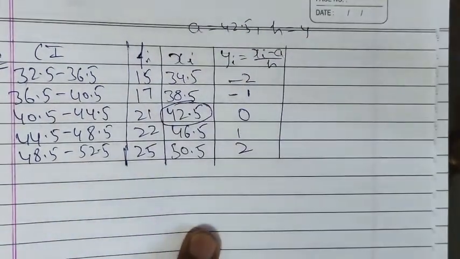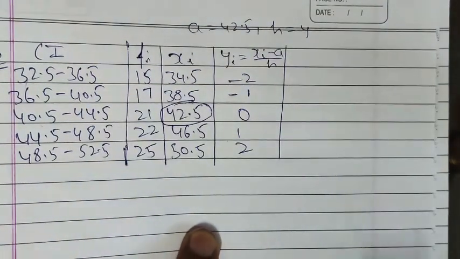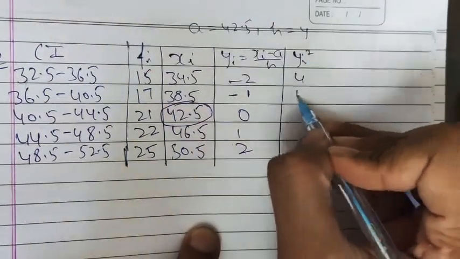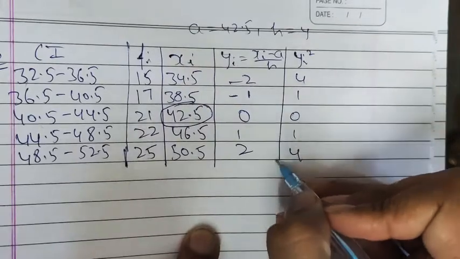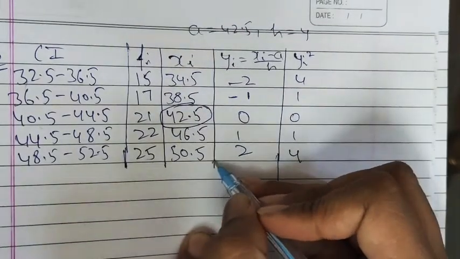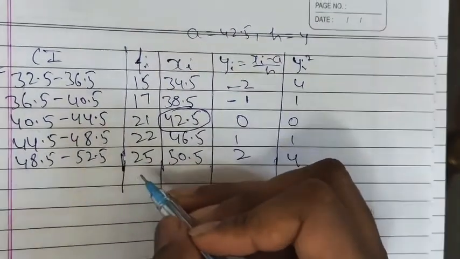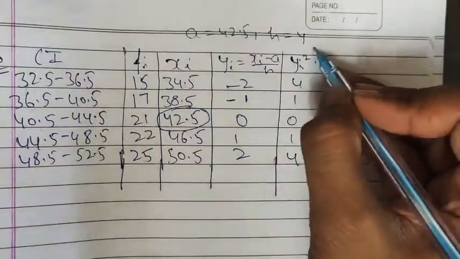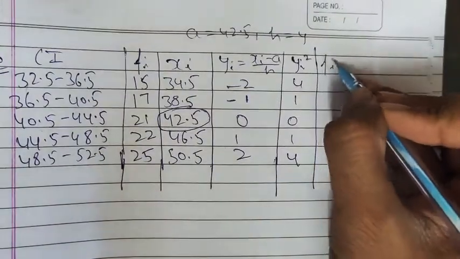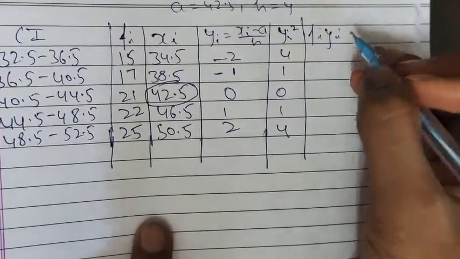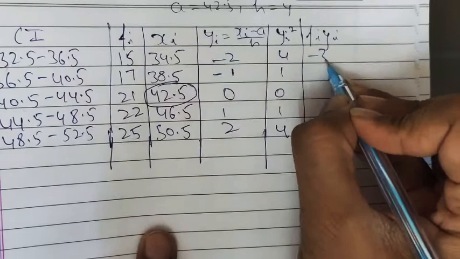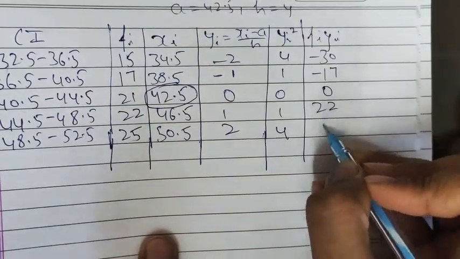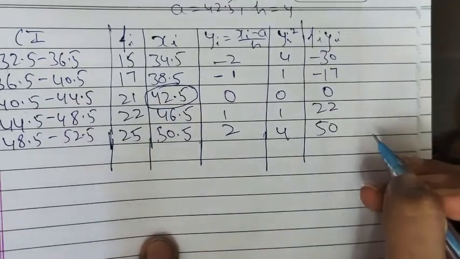Next column will be yi square. Yi square is 4, 1, 0, 1, 4, right? Next column fi yi. So fi yi is equal to 15 multiplied by minus 2 is minus 30, minus 17, 0, 22, 50, right?